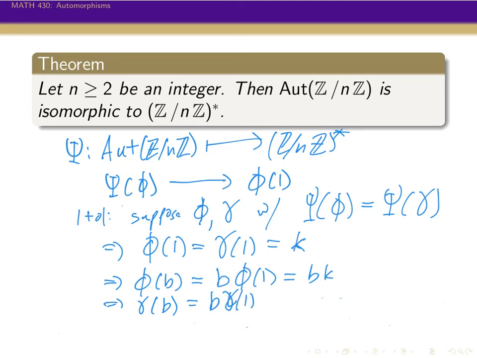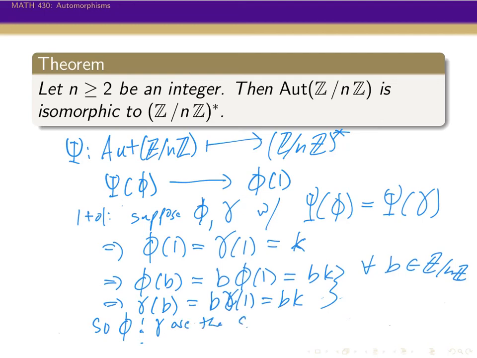So it would be equal to b times gamma of 1, which is also b times k. And so since this is true for all b in Z mod nZ, phi and gamma are the same maps, same automorphisms.